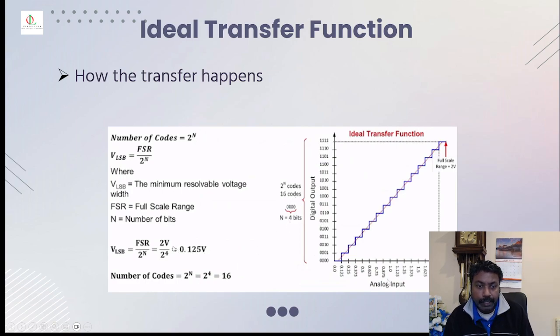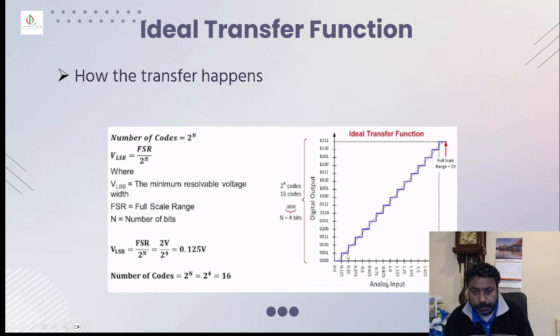And if you calculate with 2 volts as the reference, that is the FSR divided by 2 power 4, that gives the step size. In this example we are taking 2 volts as the reference, if it is 5 volts it will differ. So FSR stands for full scale range divided by the number of codes, that's the formula.